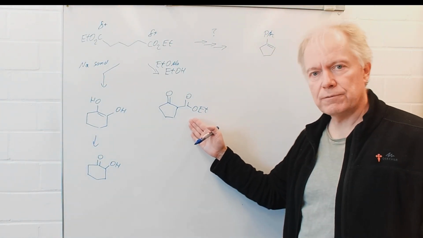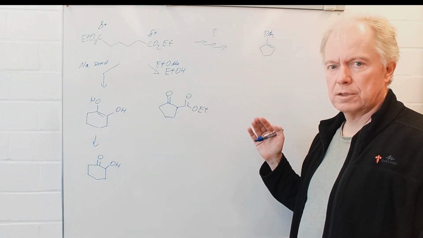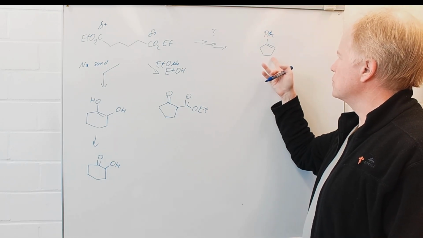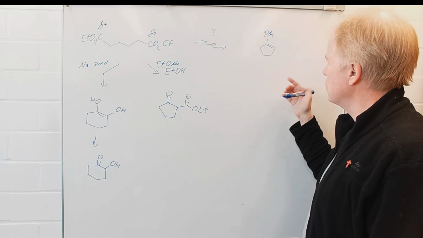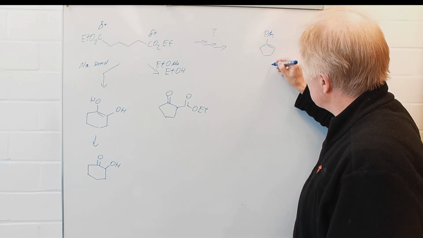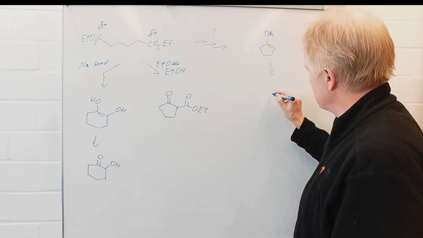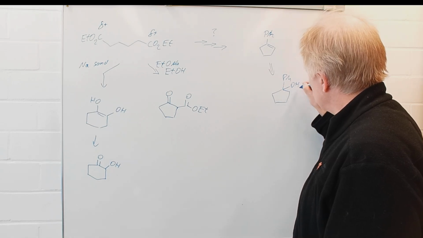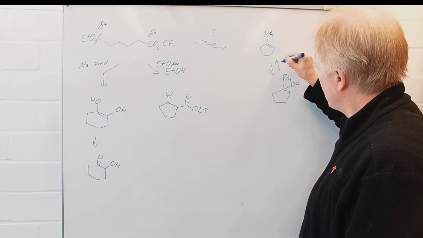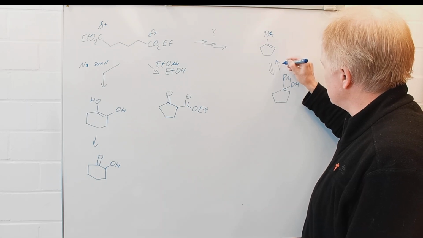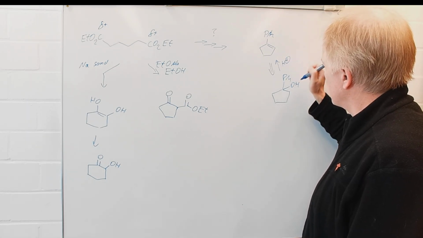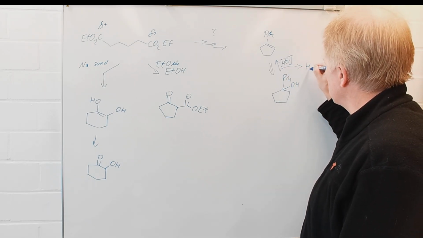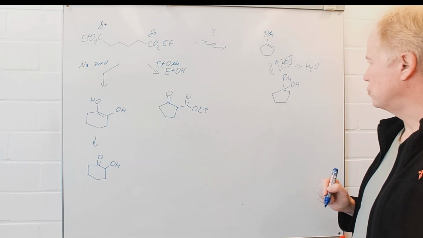So now we have to find a path from here to there, but we could also think about first, how would we synthesize that in the last step? Well, we could synthesize this, in a retrosynthetic analysis, from this alcohol, simply condensating under acidic catalysis and eliminating water.